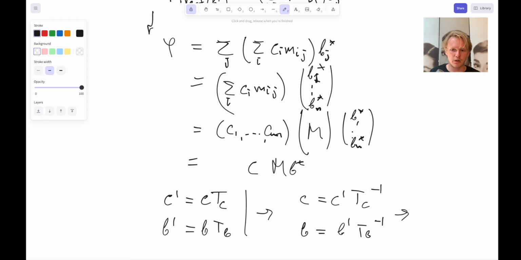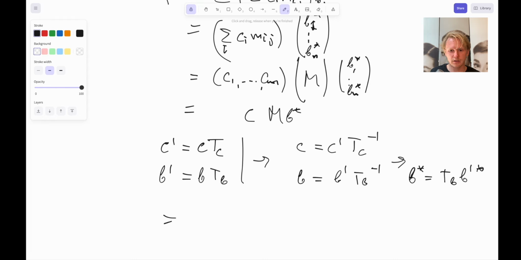And from here, for example, B star is Tb of B prime star. And what we do, we plug it back: for C we substitute C prime Tc inverse, here we write M, here we write Tb B prime star, and this is the new matrix of our operator in new bases.